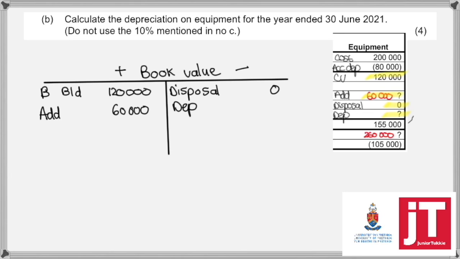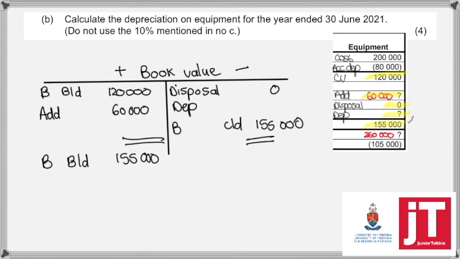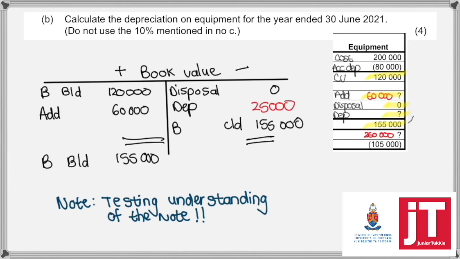So now they provided me with the carrying value at the end. So the balance at the end is 155,000. So to solve the depreciation, we're going to take the debit side minus the credit side. So my total depreciation equals 25,000.